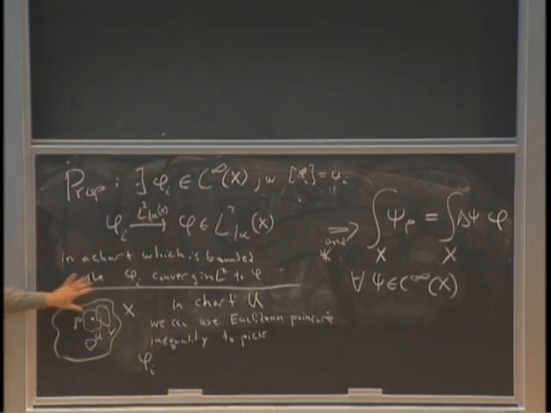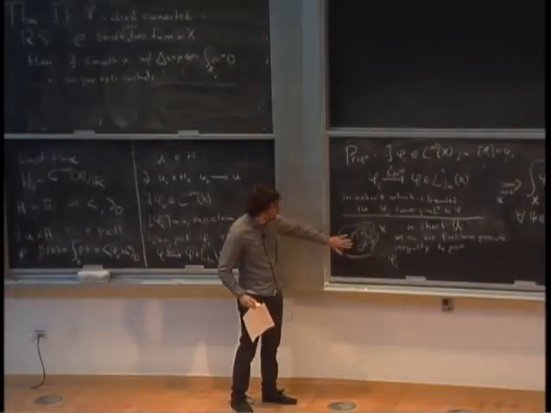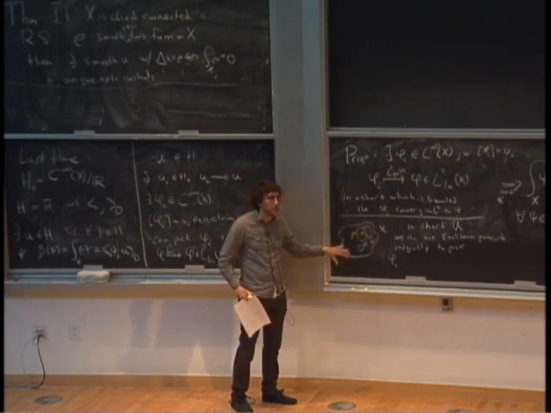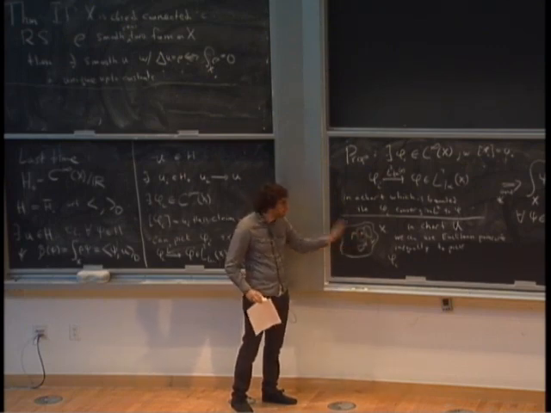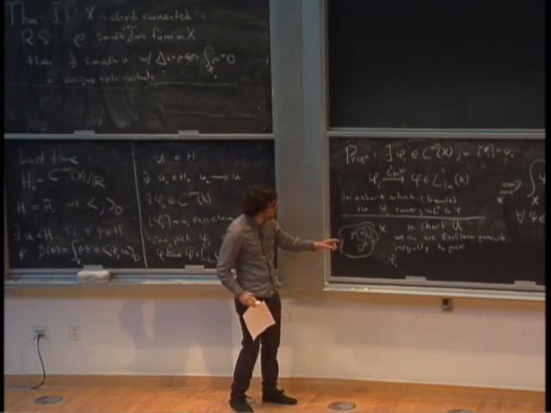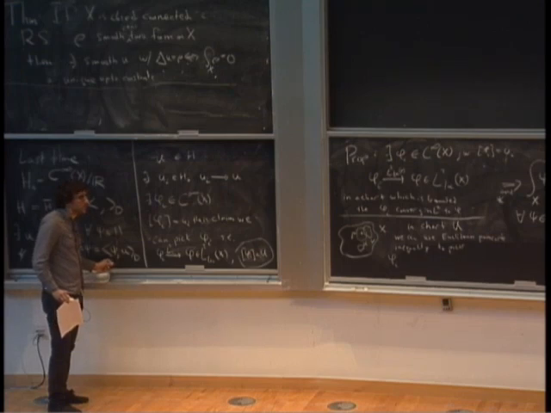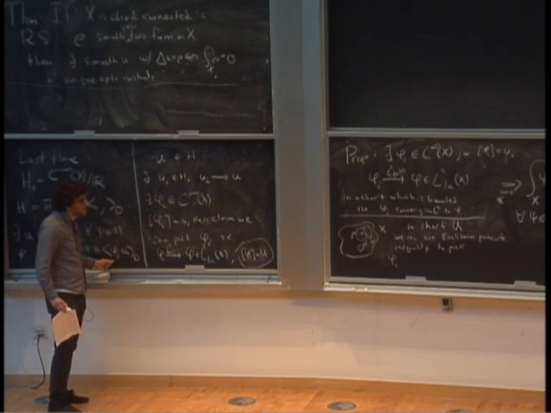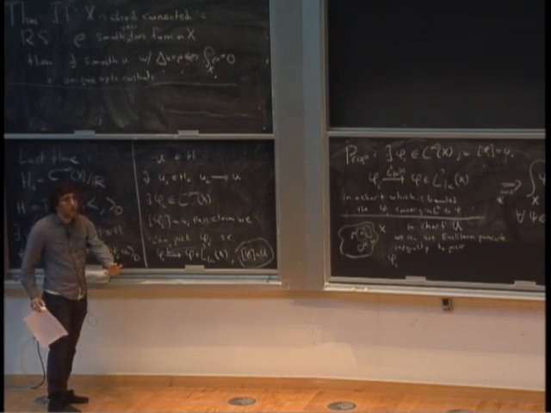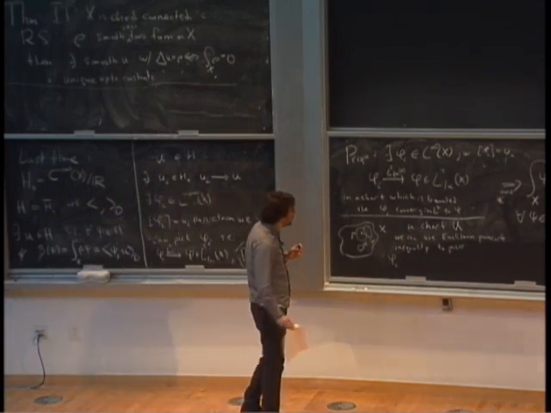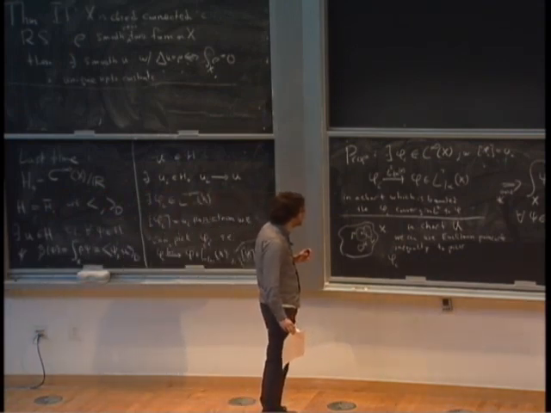So we pick phi I globally on X, but then we are free to add a constant to them. The point is we choose the constant to add by looking in the chart U and making sure the integral is 0 in the chart. Because then by the Poincare inequality in the Euclidean space, we can control the Dirichlet energy of the phi I, which means that we can get L2 control, and we can pass to an L2 subsequence by, say, the Rellich theorem.